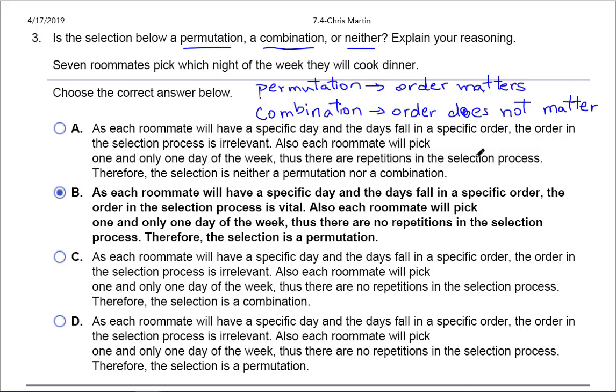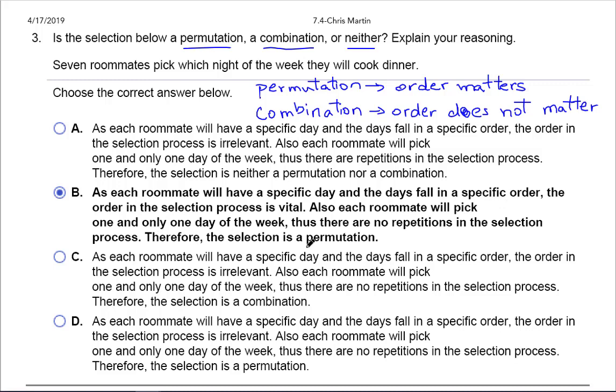Okay, so let's see. Each roommate will have a specific day. 7 roommates pick which night of the week they will cook dinner. Okay, so I got 7 people. Each night of the week they're going to cook dinner. All right, well, the night of the week matters, and the days fall in a specific order, so the order is important.